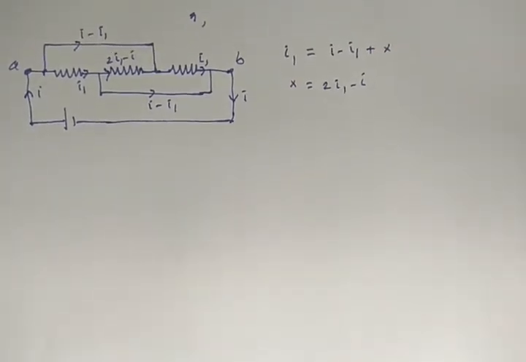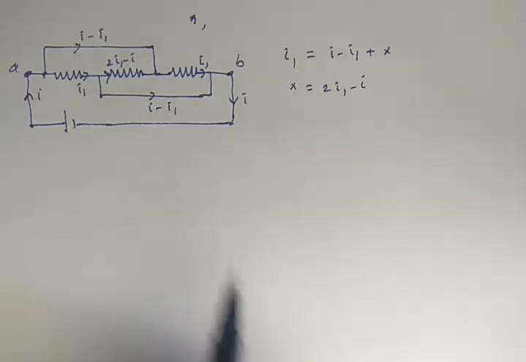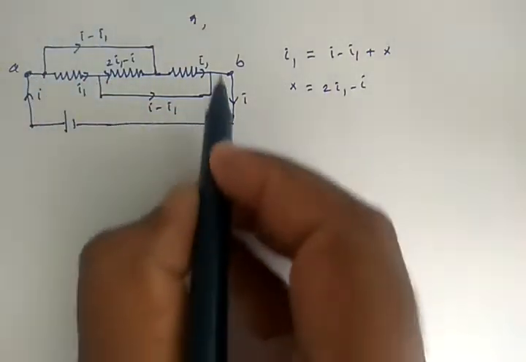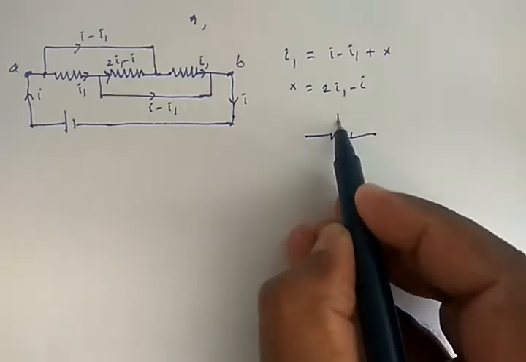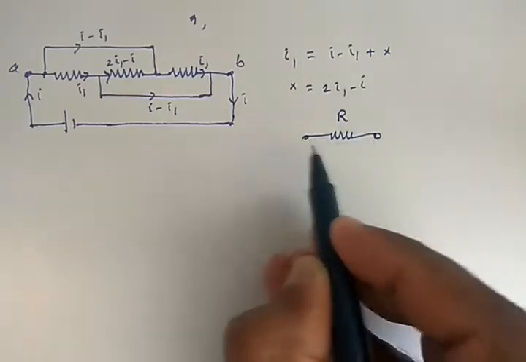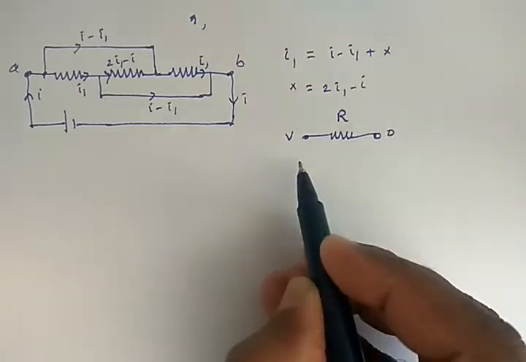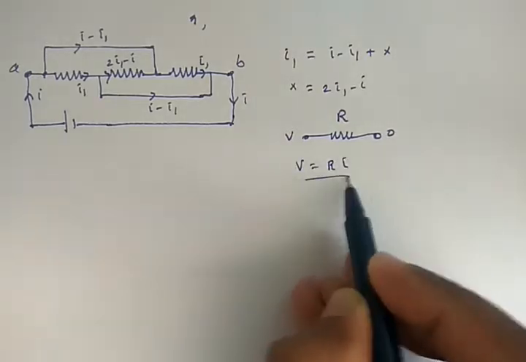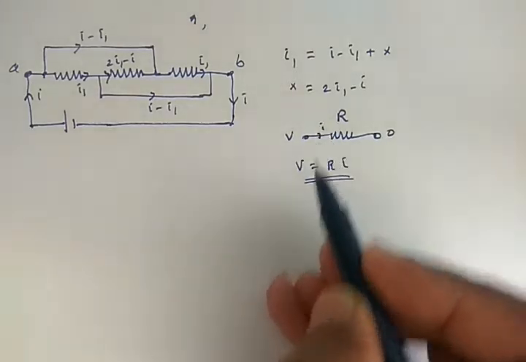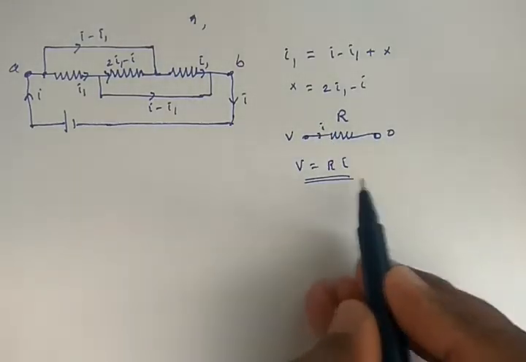So now let us solve this question. If you replace the whole thing by a single resistor like this, let us say a resistance of that is R. When you maintain voltage difference V and 0, then you can write down here V equals R times I, because I may be current going through that. So you can write down V equals RI.